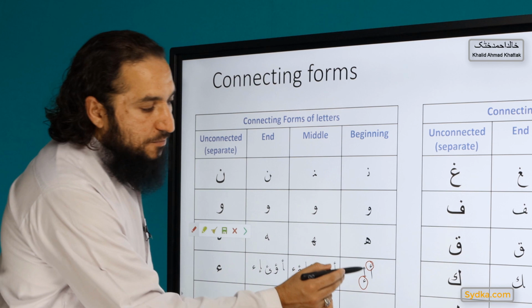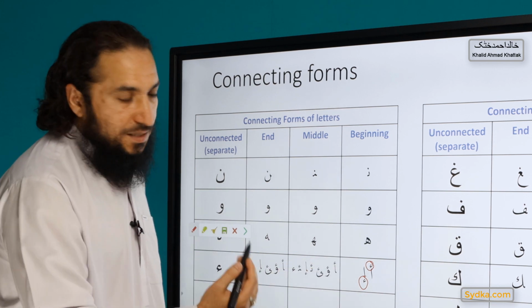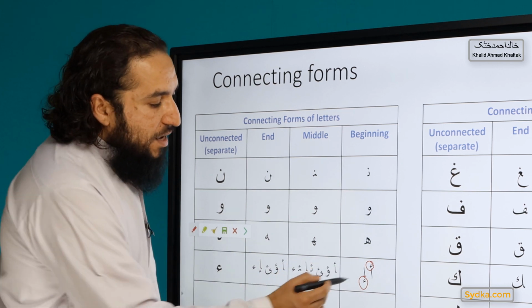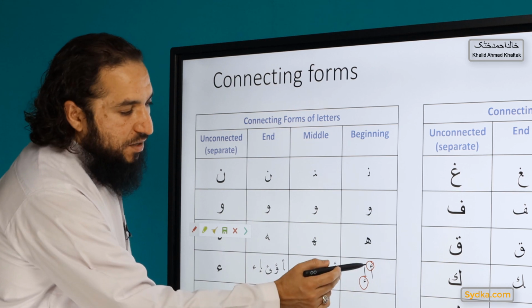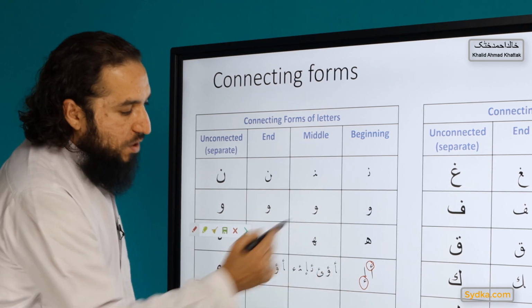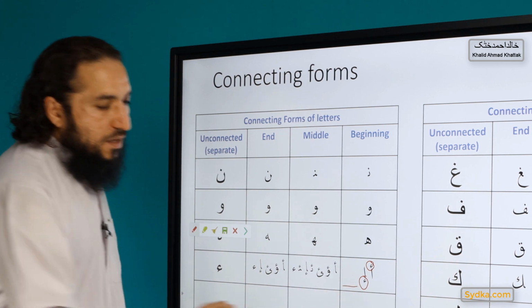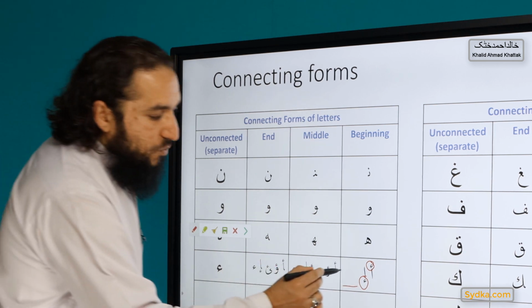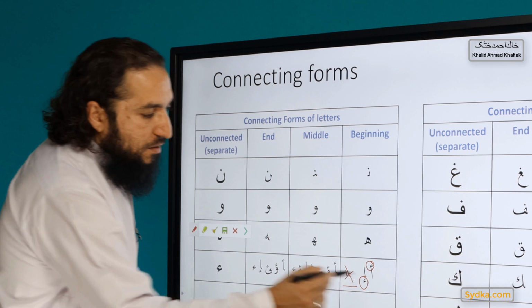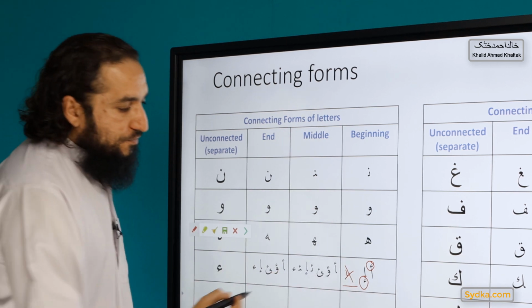So it uses alif as a chair or a seat, and in the beginning it is used either above alif or below alif. So you can't connect other letters with it after it when it comes in the beginning.